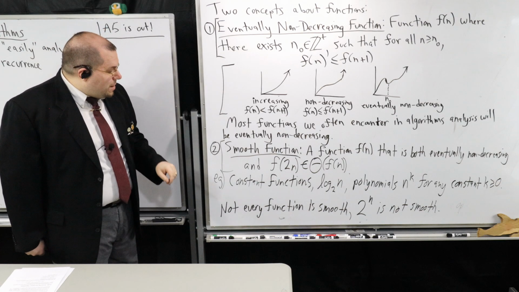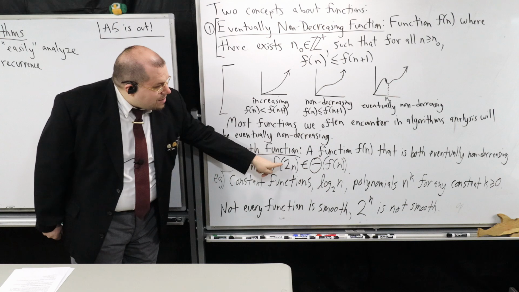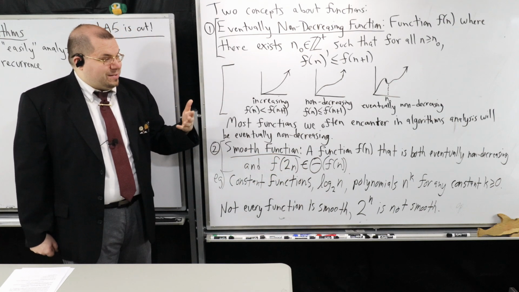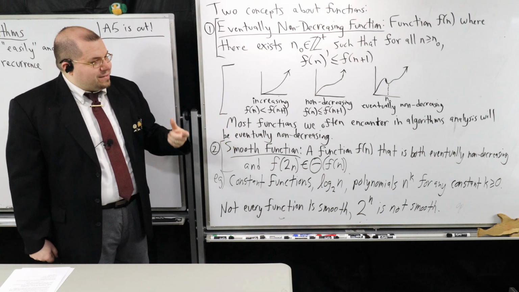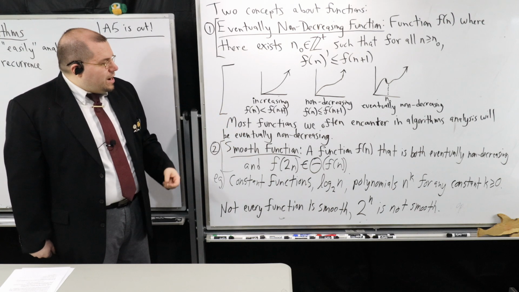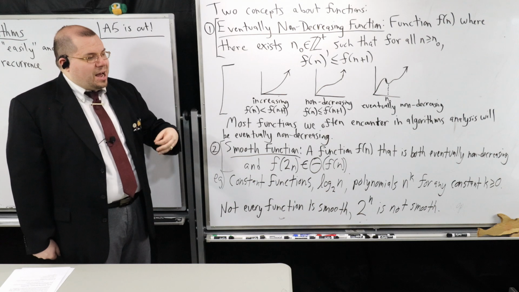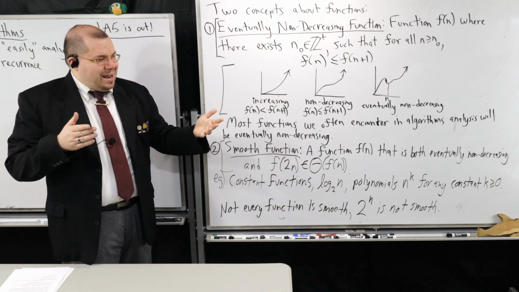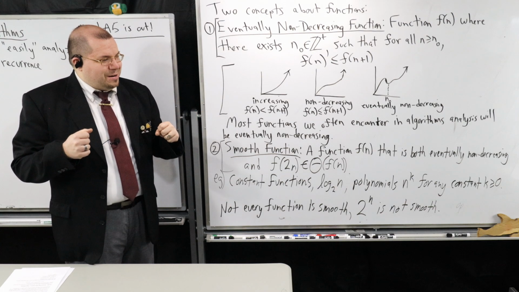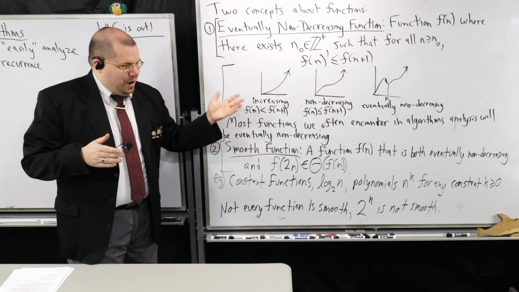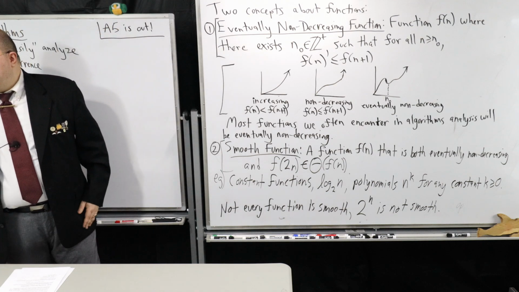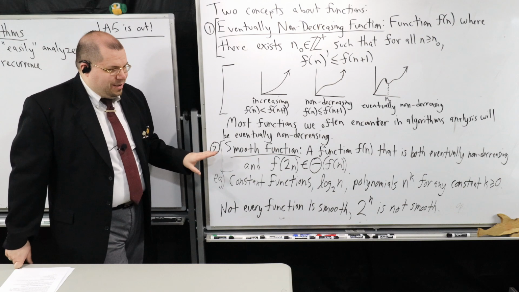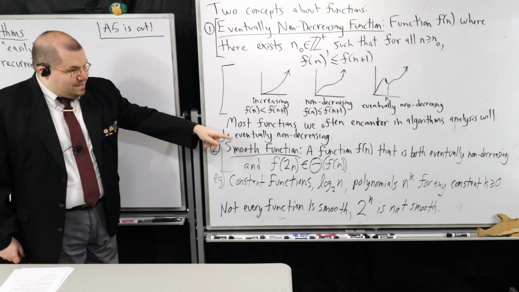The second property is that when I give as input 2 times n to the function, f of 2n, it has to be big theta of f. So that's what a smooth function is. It has these two criteria.